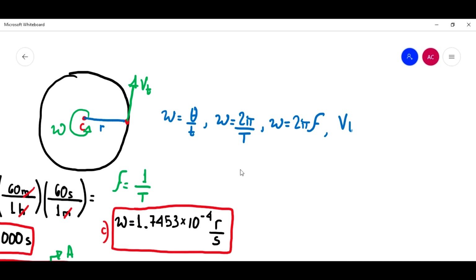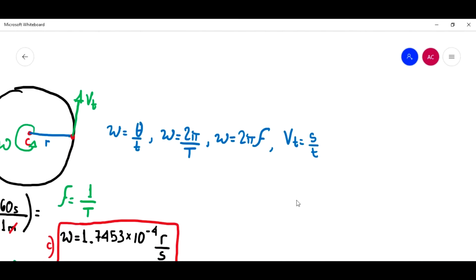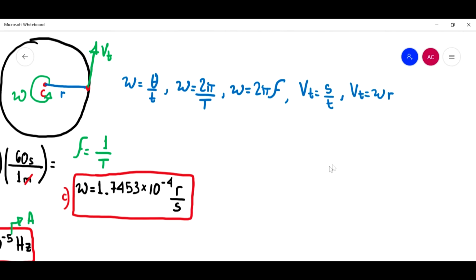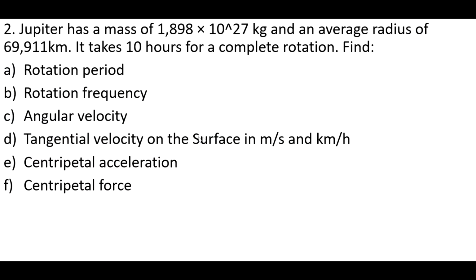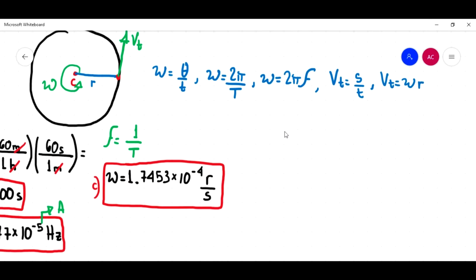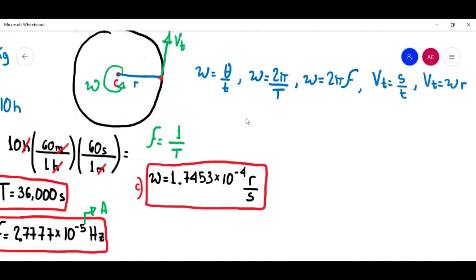Tangential velocity equals distance over time, and also tangential velocity equals the angular velocity times the radius, and this is the one that we are going to use. But remember that the problem says that I need to find the tangential velocity in meters per second and then in kilometers per hour.